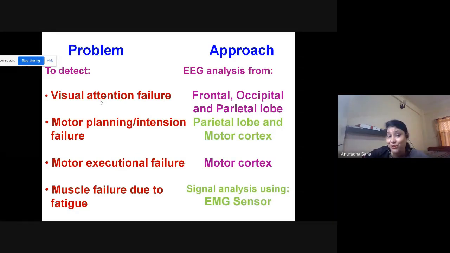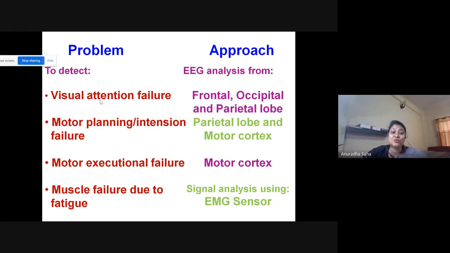I'm telling you again, that time is very crucial. Whenever we are talking about a real-time problem, and obviously the driving case, if he fails to execute the correct motor intention, even after observing the dynamic change and even after planning the right motor intention, accidents may happen. So motor execution failure, or I can say muscle failure, is what is associated with that.